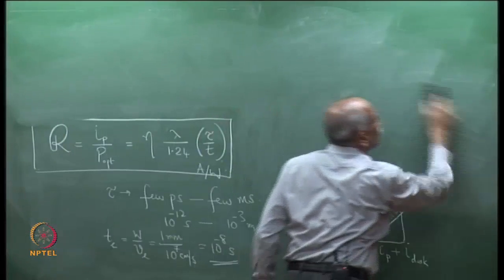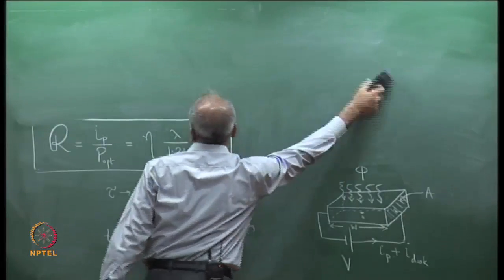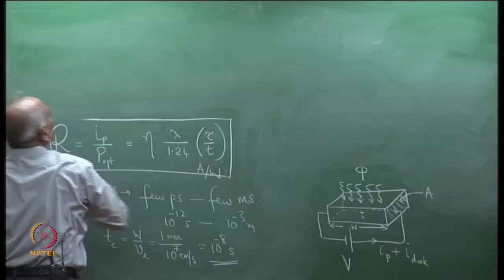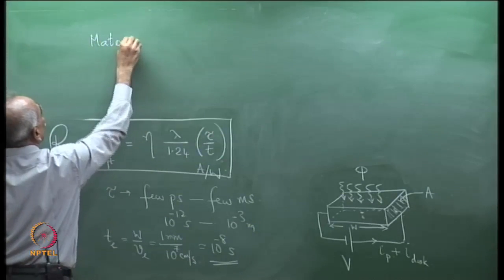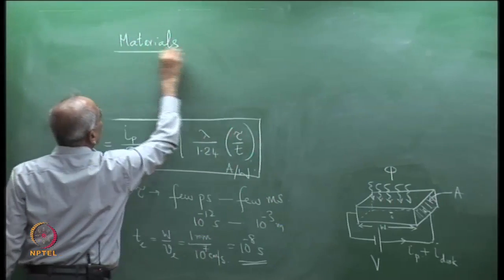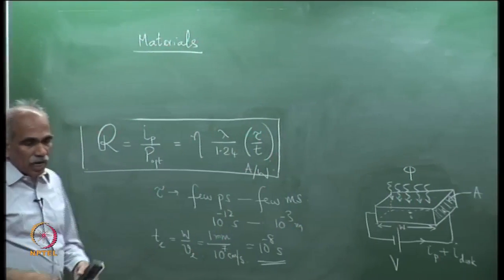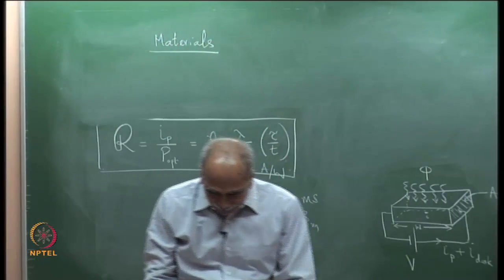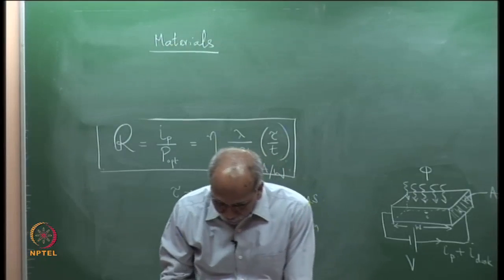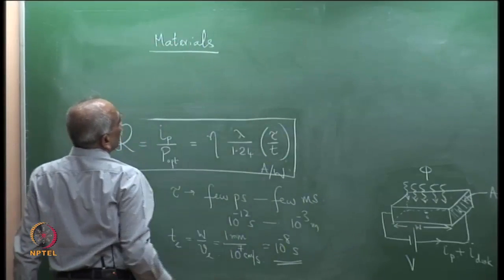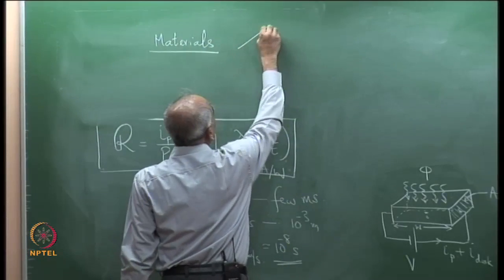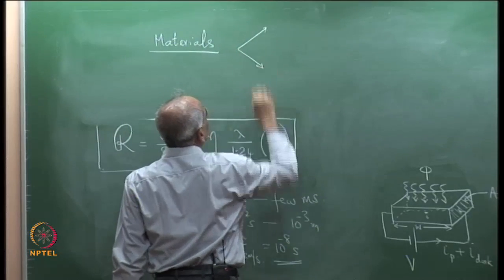Now, let us come to materials which are used. So long I did not discuss materials. Generally, photoconductors are used to detect long wavelengths, and therefore, there are two kinds of materials which are used.